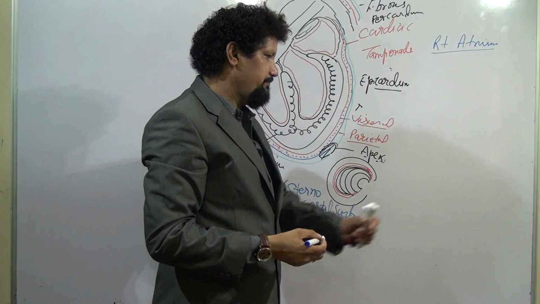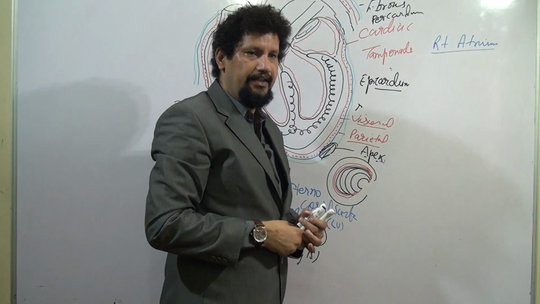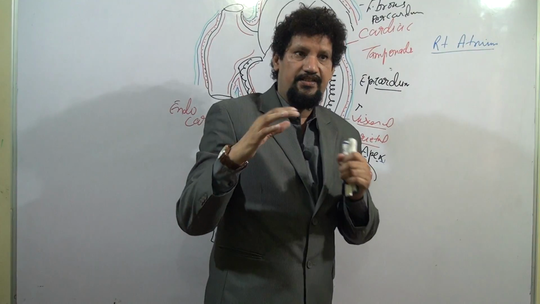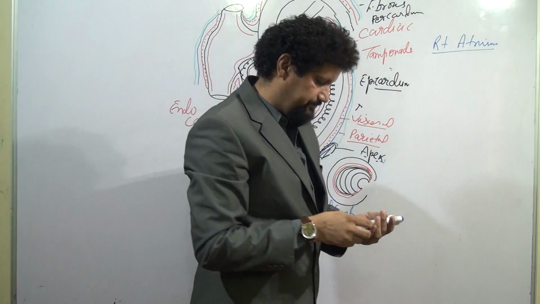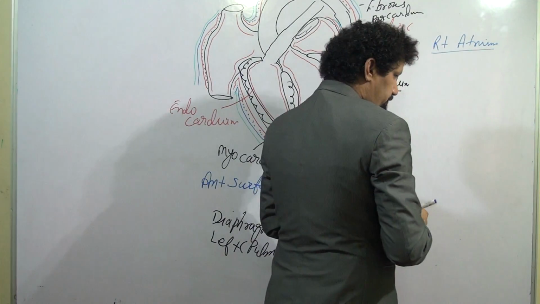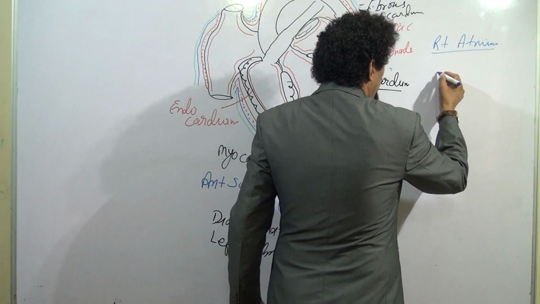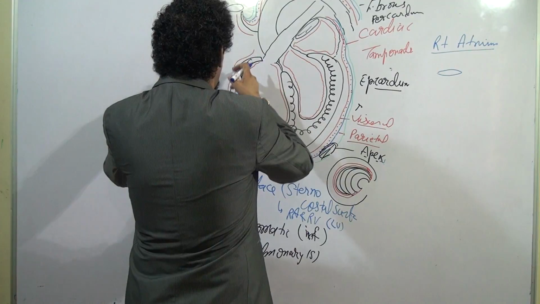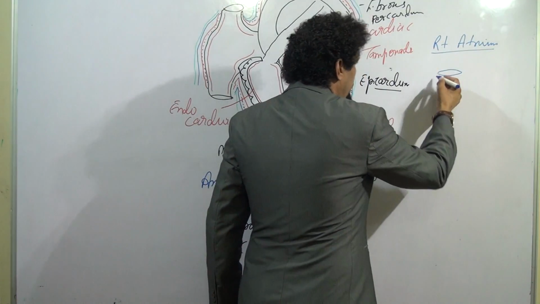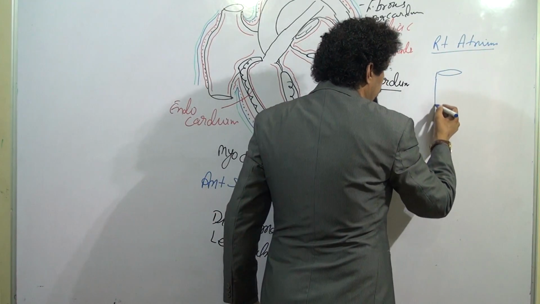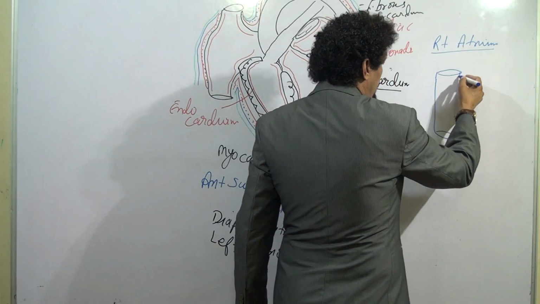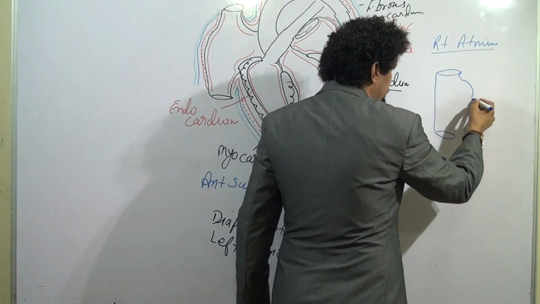I am talking about the internal structure of the right atrium. This is the right atrium, and here are the superior and the inferior vena cava.